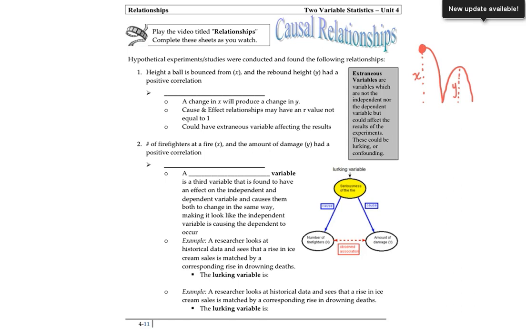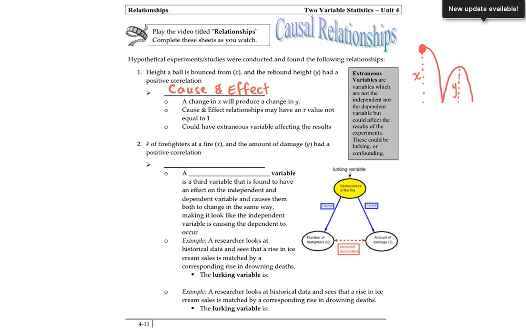This relationship is what we call a cause and effect. Oops, let's spell it right. In a cause and effect relationship, the y variable changes as a direct result of the x variable.